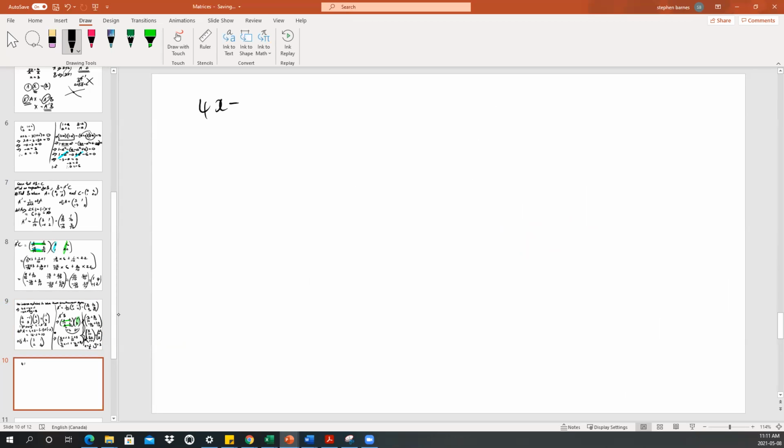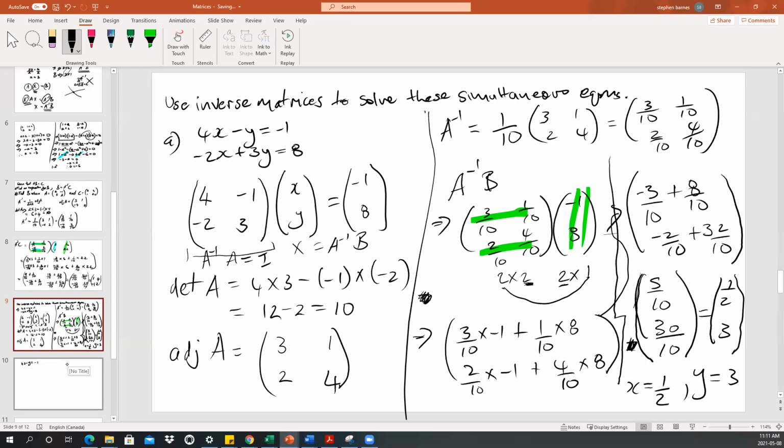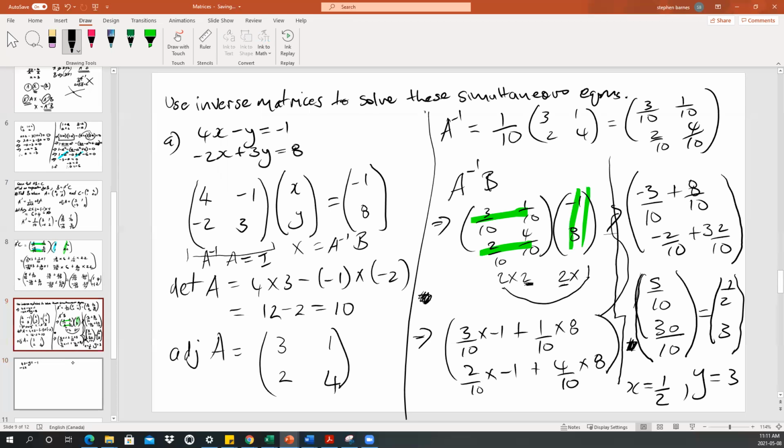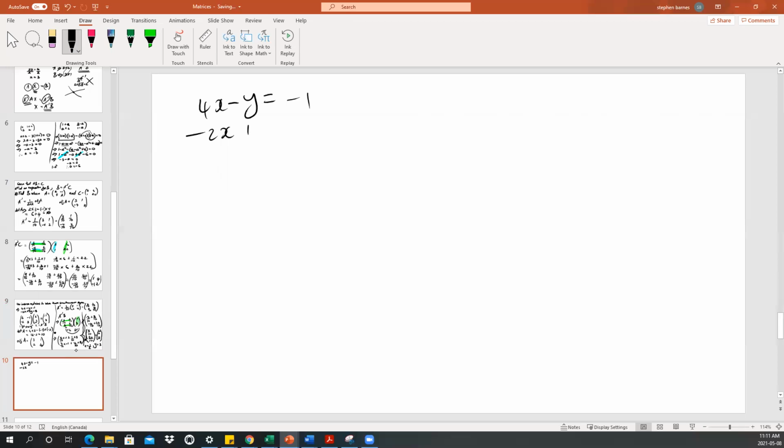So this is 4x minus y equals -1, and minus 2x plus 3y equals 8. And then we know that we got x equals a half and y equals 3.